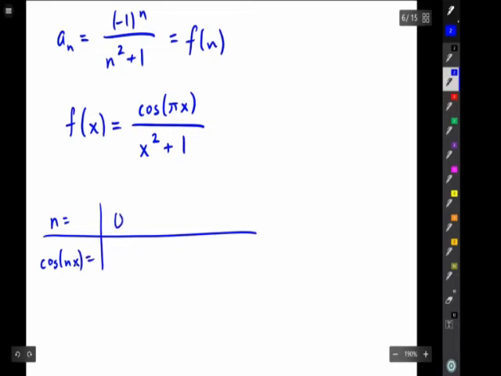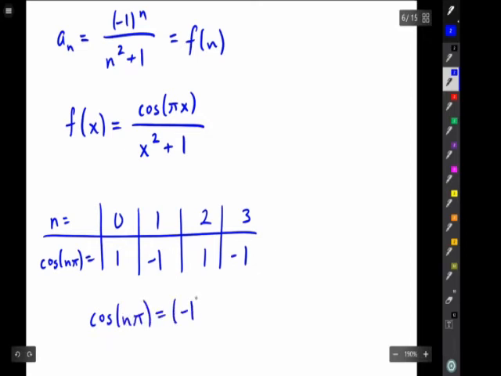When n is 0, it's cosine of 0, which is 1. When n is 1, it's cosine of pi, which is negative 1. When n is 2, this is cosine of 2 pi, which is 1. When n is 3, it's cosine of 3 pi, which is negative 1. So in other words, cosine of n pi is exactly equal to negative 1 to the n.